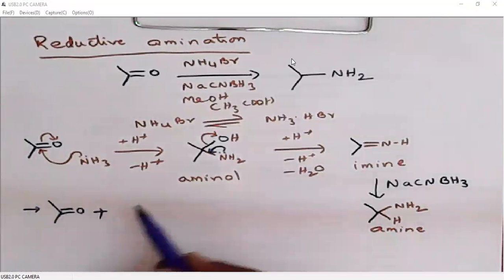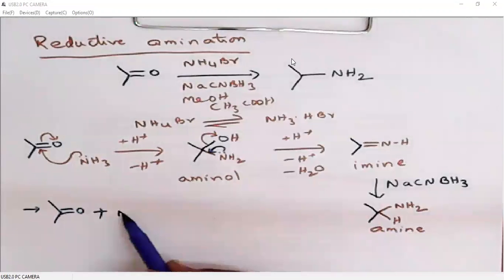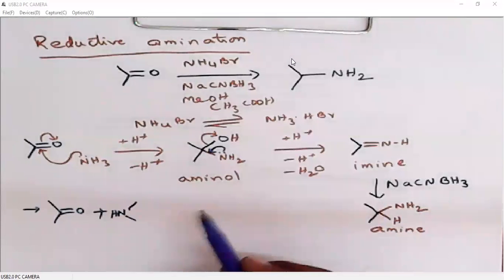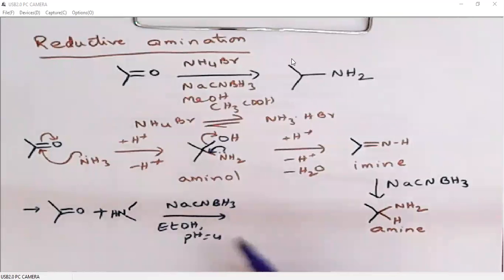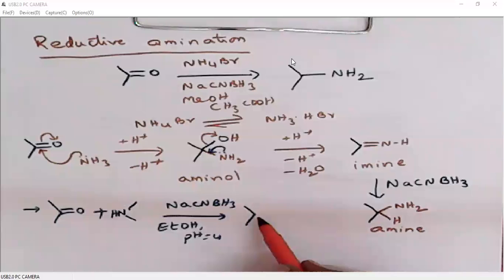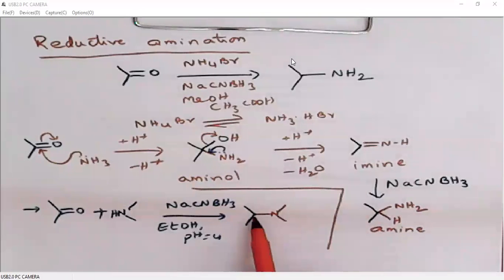When we use simple ammonium bromide, it will be a simple amine. We can also use substituted amines, N,N-dimethylamine in this case, sodium cyanoborohydride, ethanol, and pH 4. So what we will get is an N,N-dimethylamine.